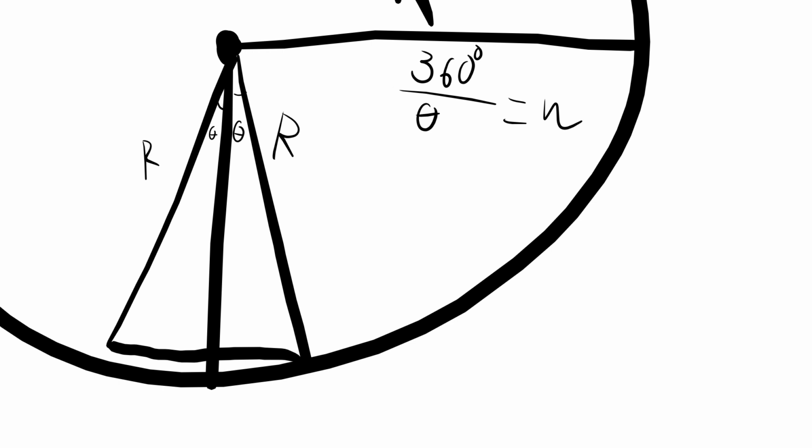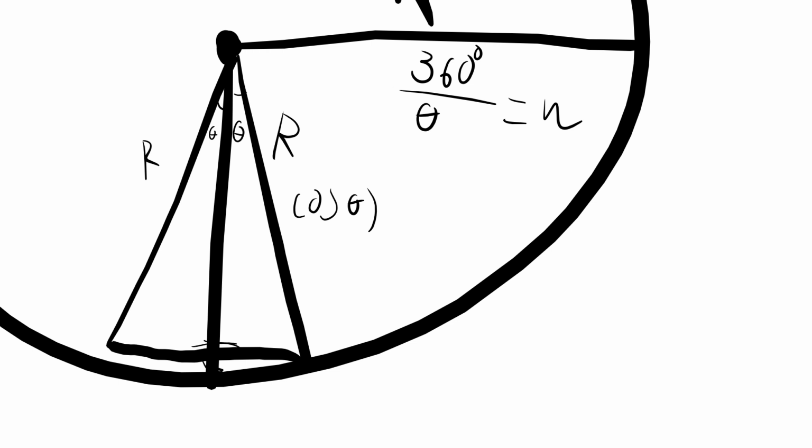So cosine of theta is equal to adjacent over hypotenuse. This is not r, by the way. This little bit is not r, because as you can see, there's a little line right here.